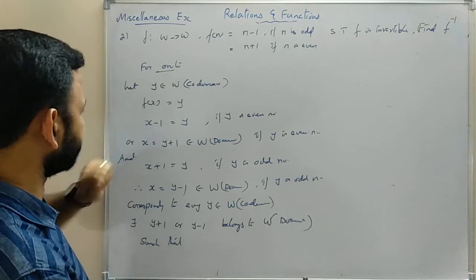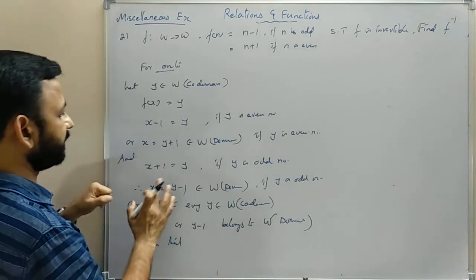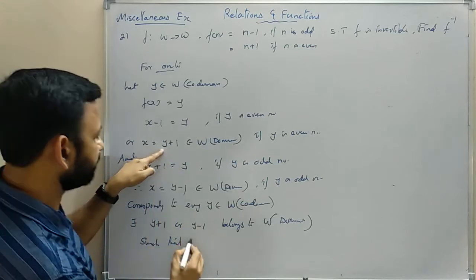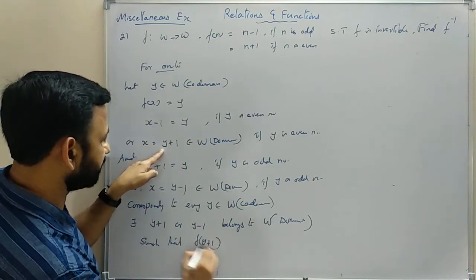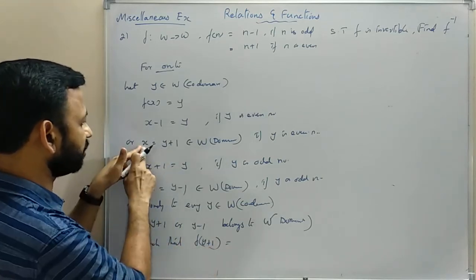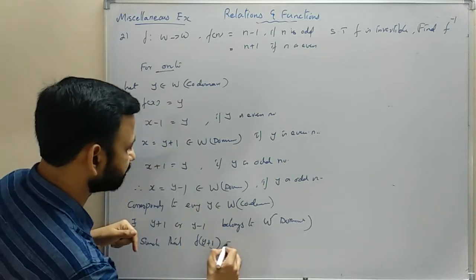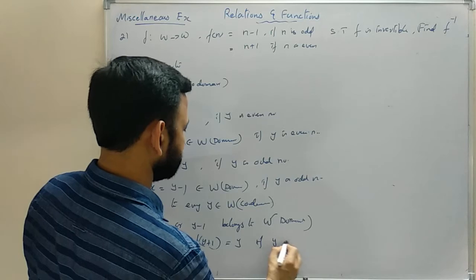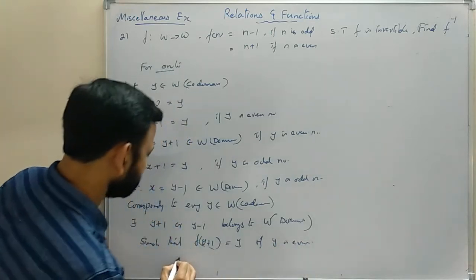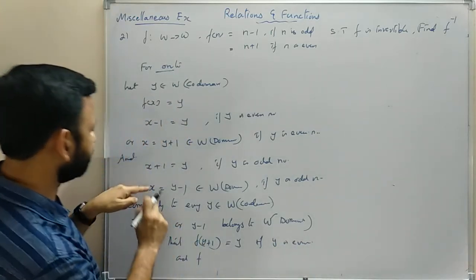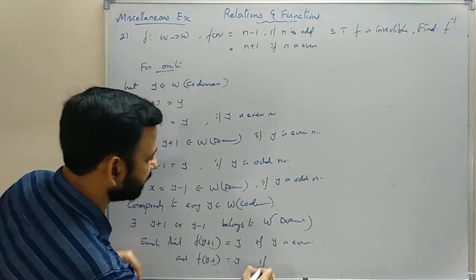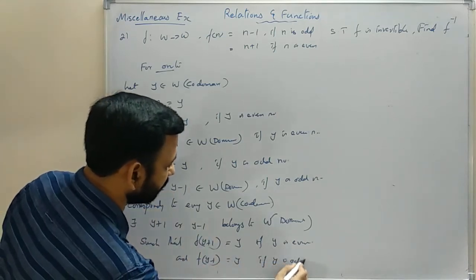So here f of x is equal to y, that is, f of y plus 1 is equal to y if y is even, and f of y minus 1 is equal to y if y is odd.